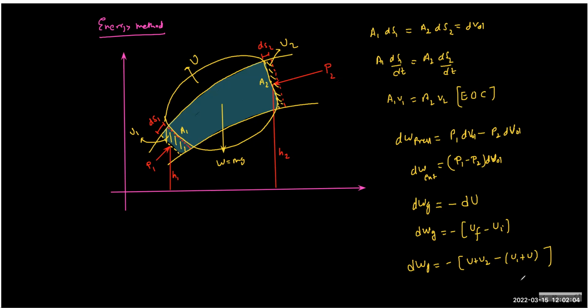Is it clear what I'm writing? So the potential energy of the entire system in the end is U plus U2, and in the beginning it was U1 plus U. This is important to understand because the other part is common before and after. So what you get is U2 minus U1.